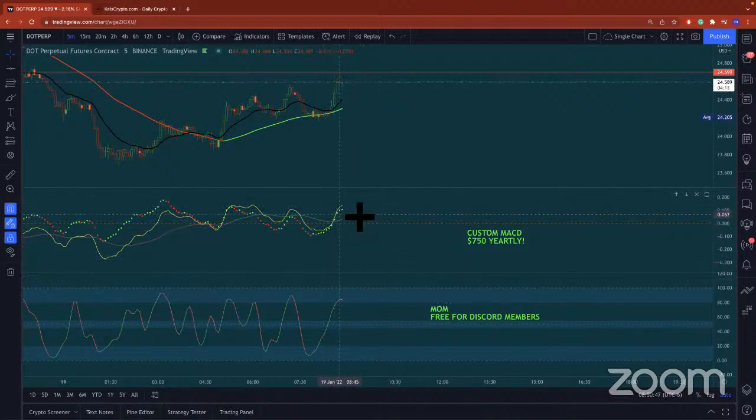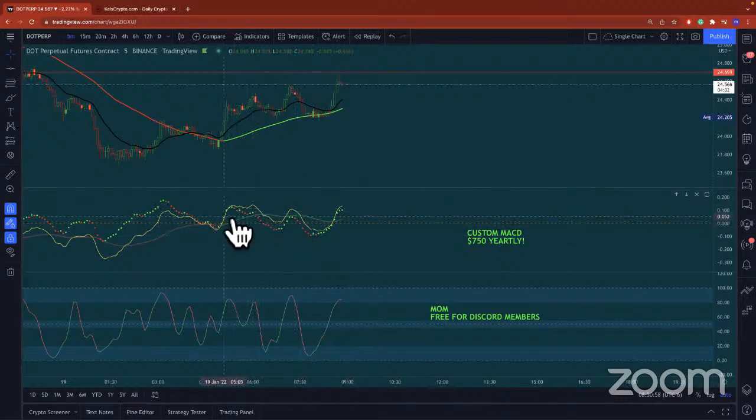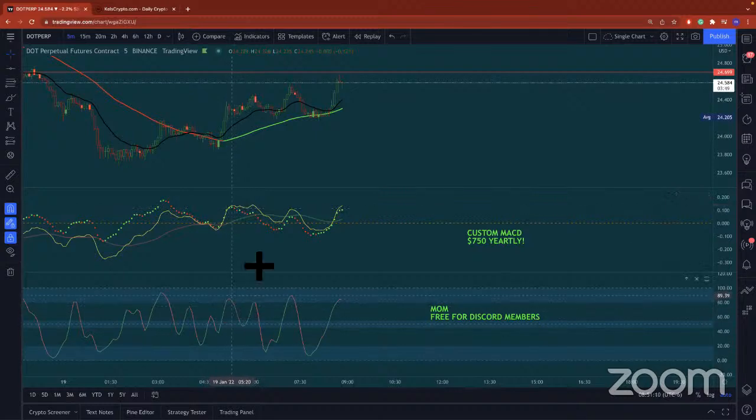Our custom MACD is still pushing up, so we want to be careful with that. What we really want to see is the yellow line above the dots, and the dots turn red, and you're at the top of the MOM indicator.